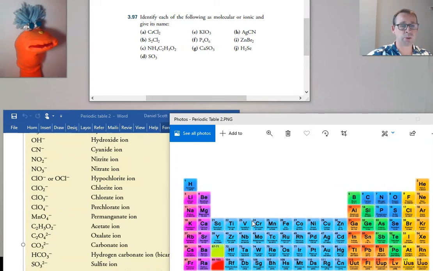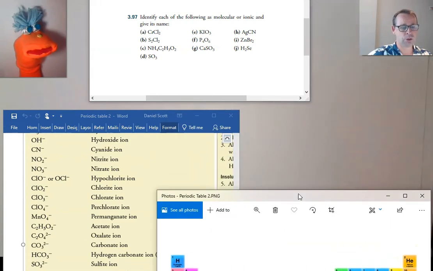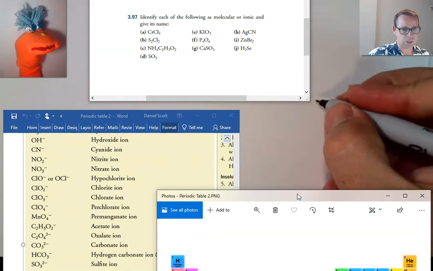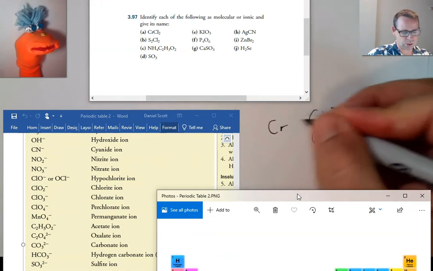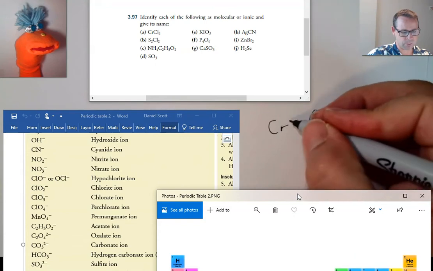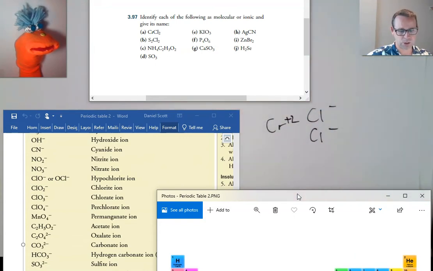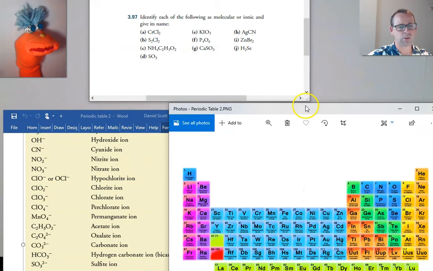Now, how did you know it was chromium 2? Well, because there's 2 chloride ions. That's right. Cl minus twice. And so the charge on this chromium, because there's only one of them for every chlorine, must be a +2 charge to balance that out. So we call that compound chromium 2 chloride. Very good. Is that ionic or molecular, that compound?